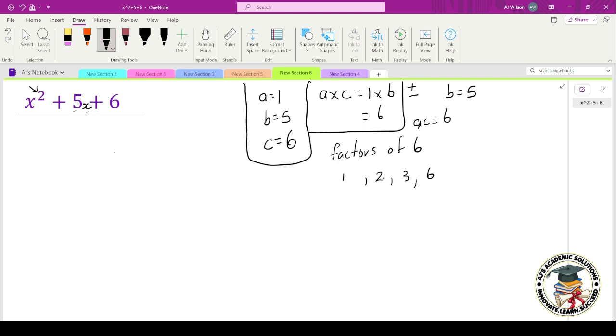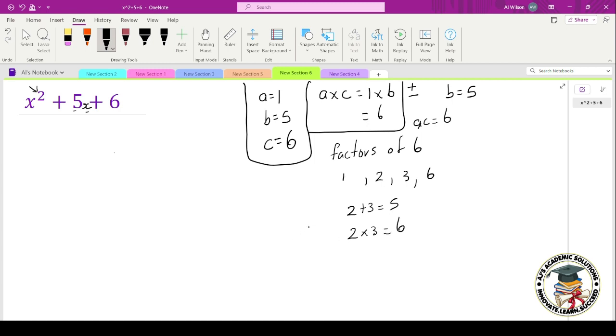However, we need to now take into consideration what we want is when we add or subtract them, we have 5. Now there's some testing that can be done, but immediately I know a few of you would see that 2 plus 3 is 5, and 2 times 3 is 6.